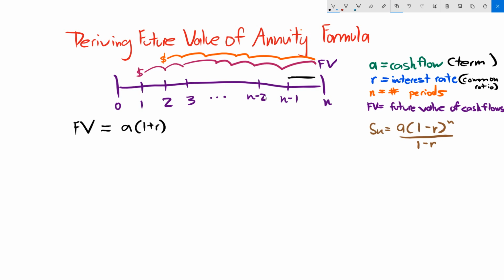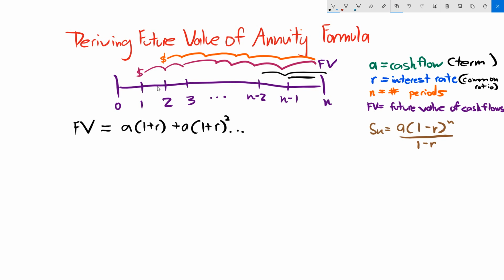And then what about the second last period? Well, that's going to be earning interest for 1, 2. So that's going to be earning interest for 2 periods. And that's going to continue on all the way to here.